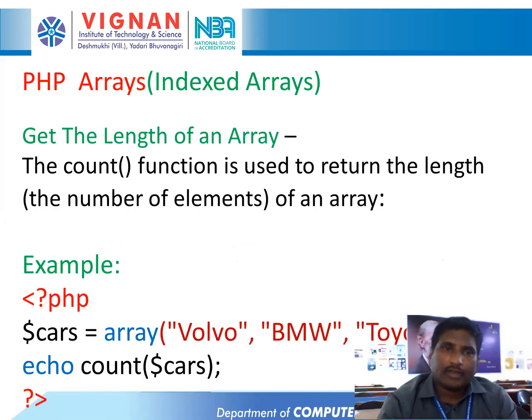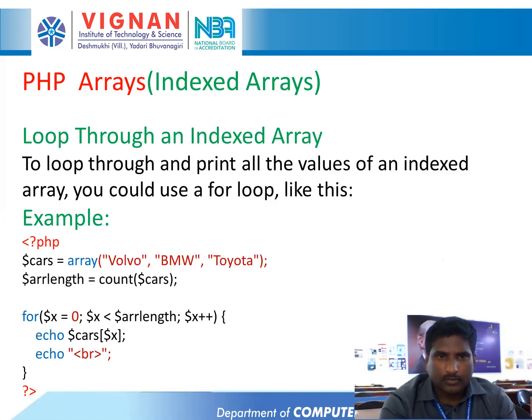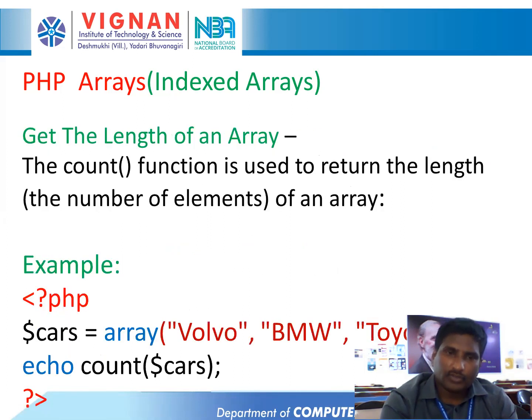Get the length of an array. In order to know the length of the array, count is a function which returns the number of elements in the array. Suppose here, what is the length of the array? It is 3. The length of the array is 3.